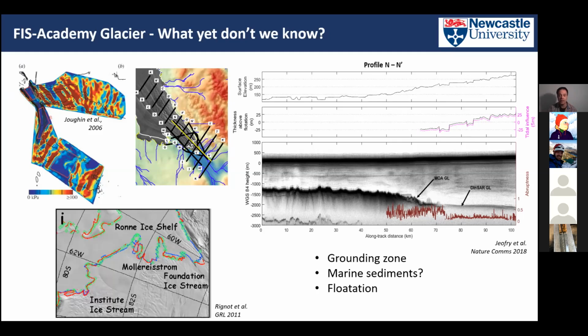And the big question is, are these marine sediments that are draped on here? This is a very flat, relatively bright, but not that bright bed stretching back into the interior. It's 2 kilometers below sea level. The inversion data set suggests a very low basal shear stress in this area. It'd be good to get some more constraints on whether that's the case or not.